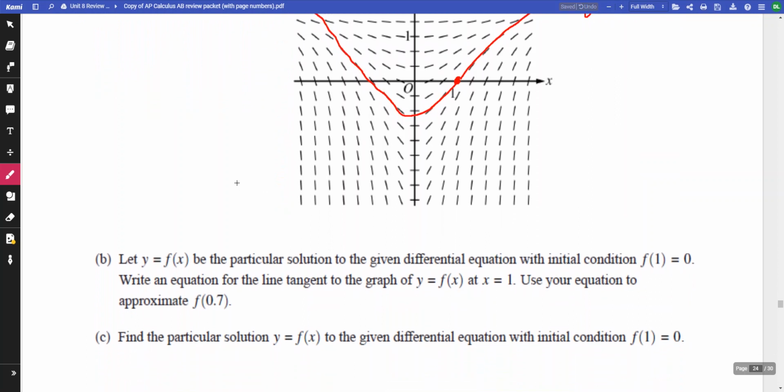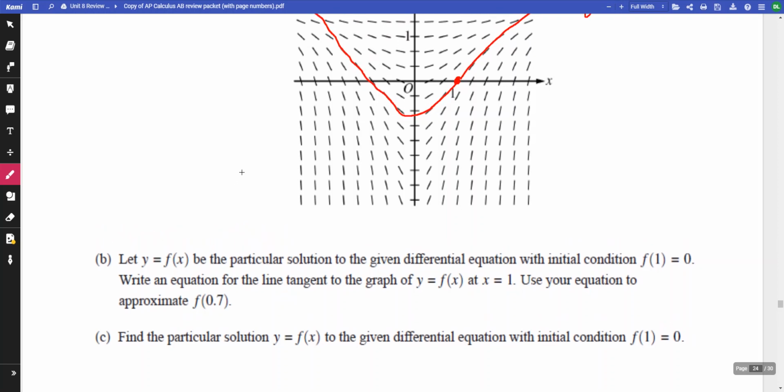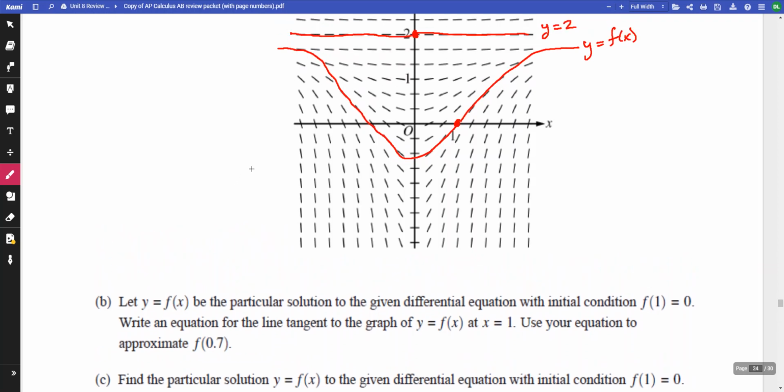Let y equals f of x be the particular solution, and we need to write an equation for the tangent line. It looks like we're going to go through the point (1, 0), so we're using that one, and y equals f of x, which we've already labeled.